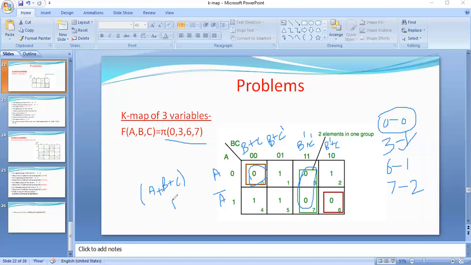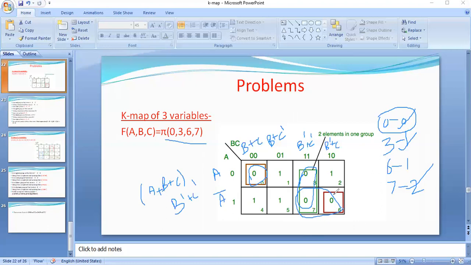Vertically, we have B bar plus C bar only. With this grouping, 7 is also involved in this group and 3 is completed. What do we have left? Only 6. With this 6, we have to group these two. Remember one thing: here the only possibility of grouping is these two cells, only a pair.